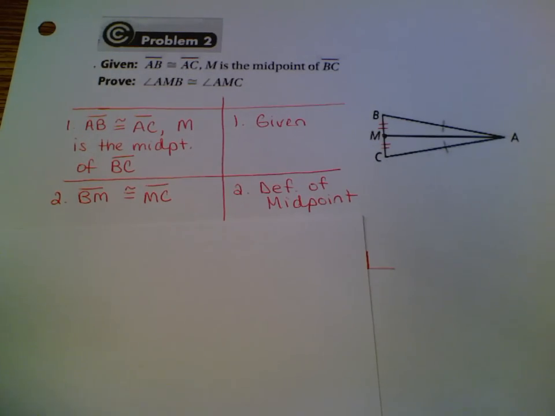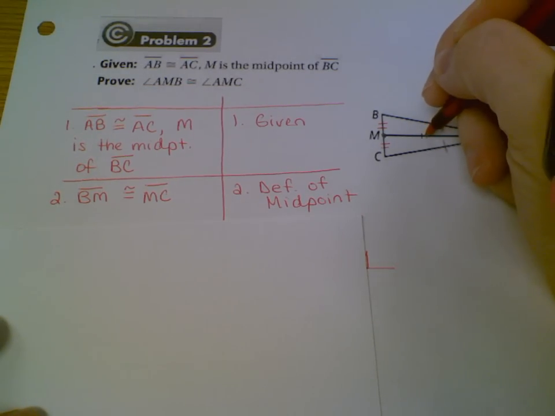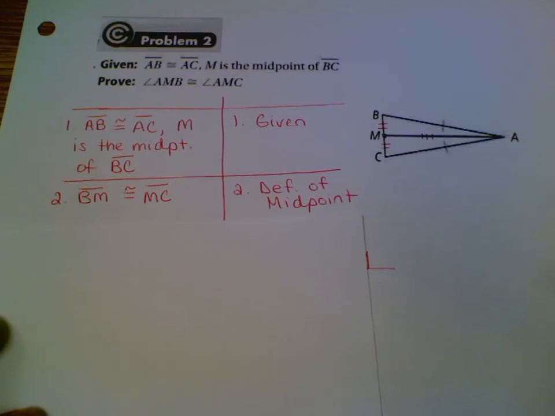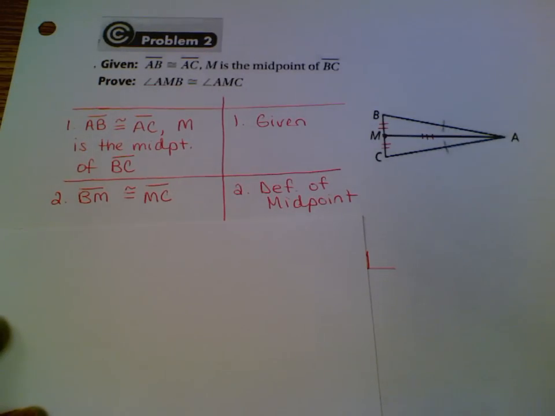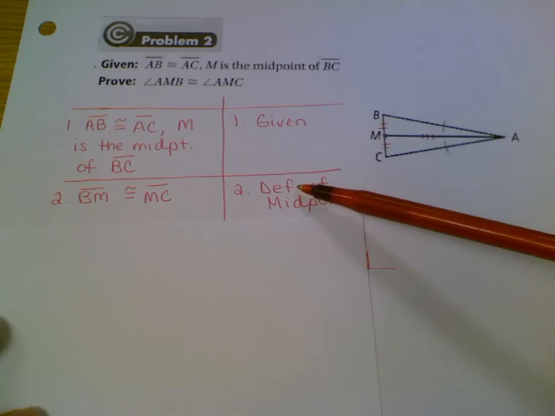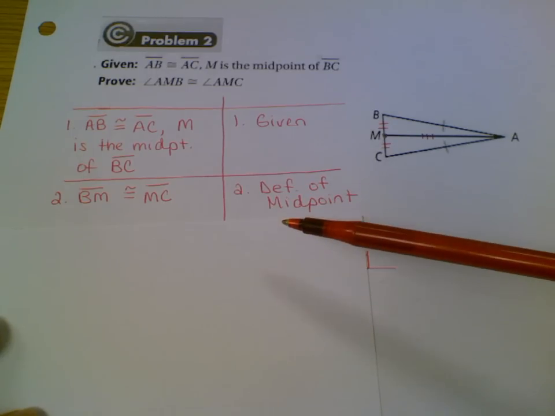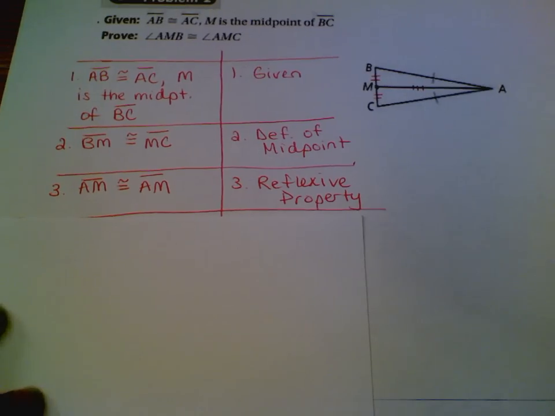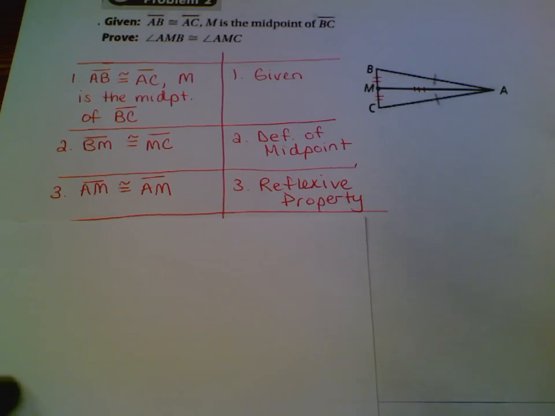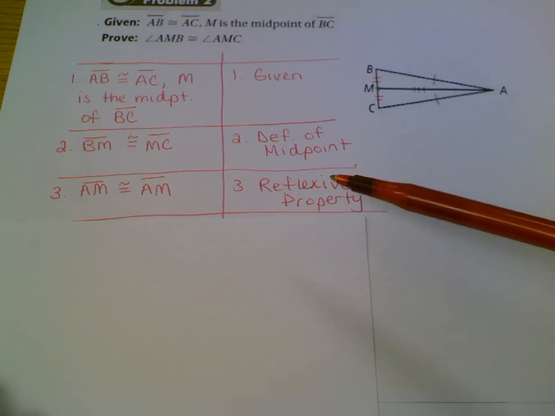Now, I'm looking to see, is there anything else congruent? Well, earlier we said no, but we could have also written down that AM is congruent to itself because that side is shared between the two smaller triangles. So you could have said that in this statement, or you can flip them around, so it doesn't matter which order you put them in. So my next statement that I wrote down was that AM is congruent to itself, and again, that's by reflexive property.